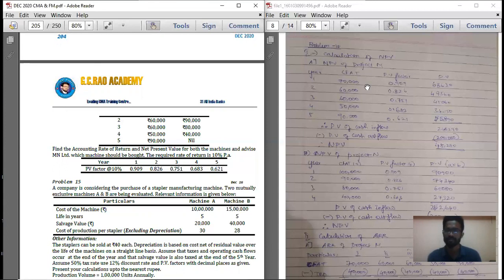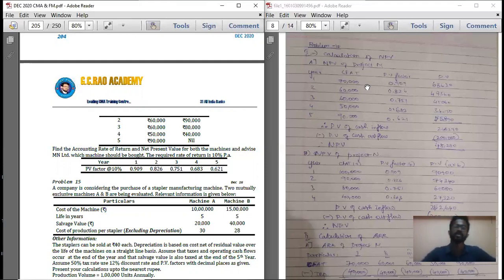So total the present value column. How much are you getting? You are getting 2,48,290.